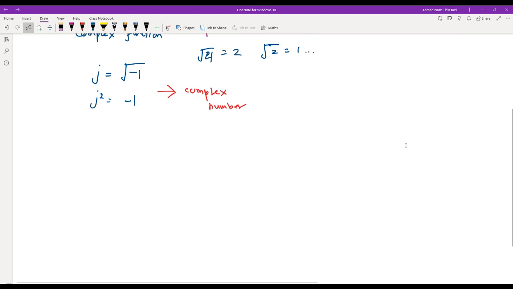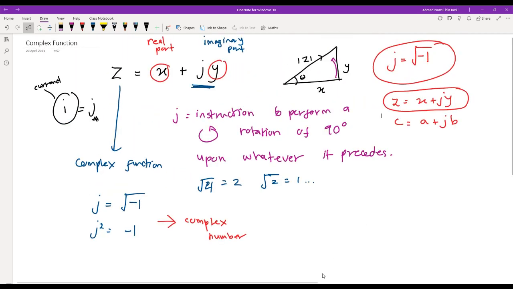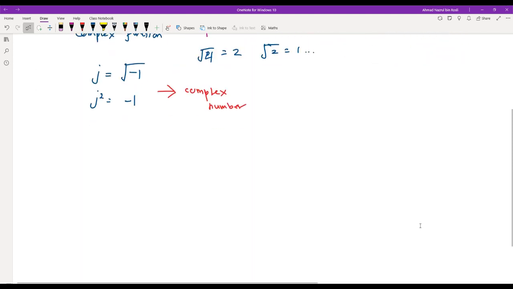And why is this important? We need to check through the related to what we call the complex exponential. So this next will be the complex exponential.